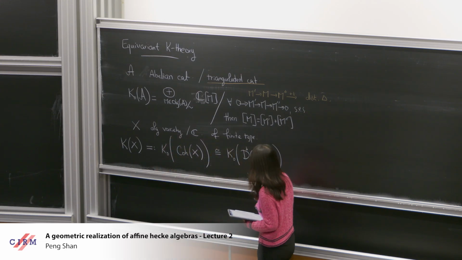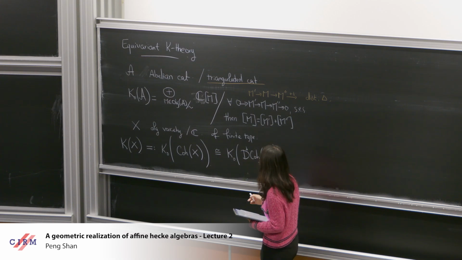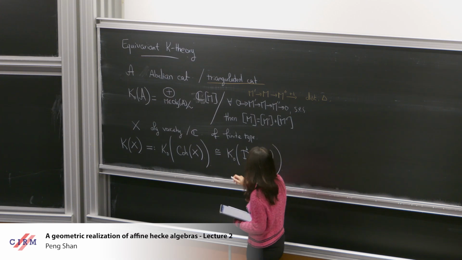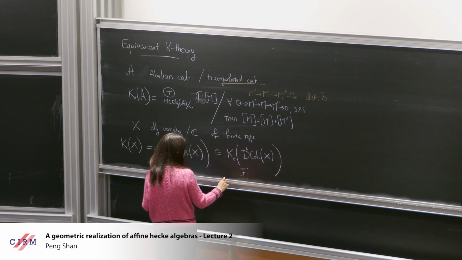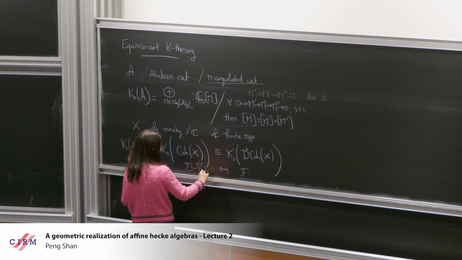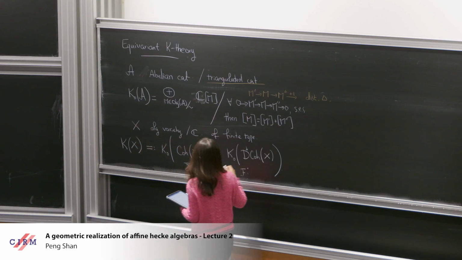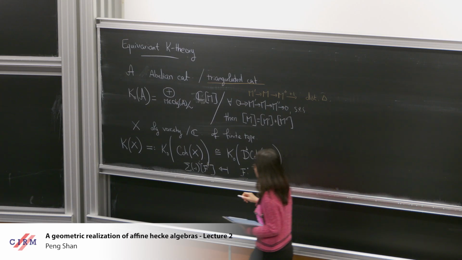You can view it as a complex supported in degree 0, so you get an object here, and you have a map. But in the other direction, if here you have a complex of sheaves, you can just take the alternating sum of the corresponding classes, and it's easy to check this gives you the inverse map.